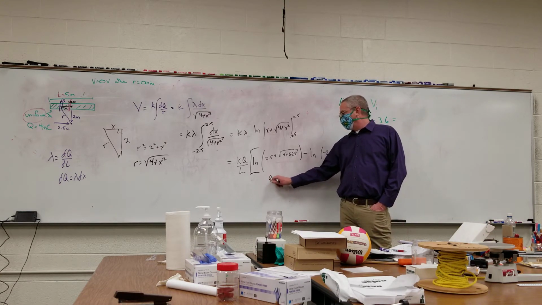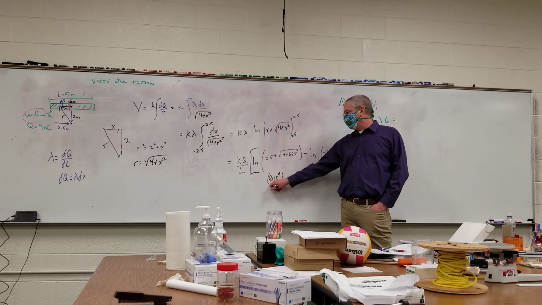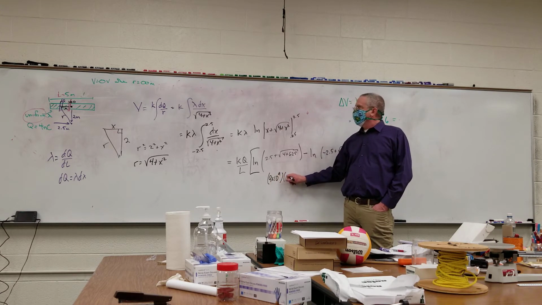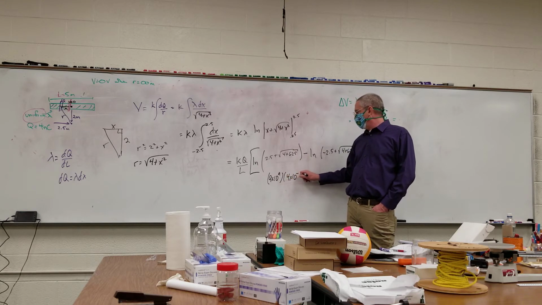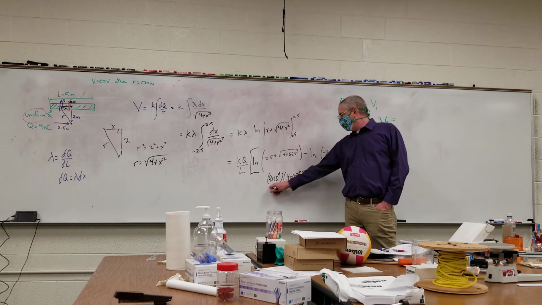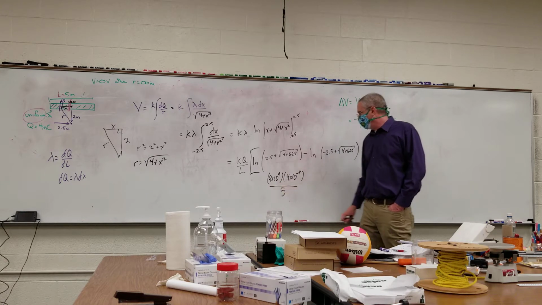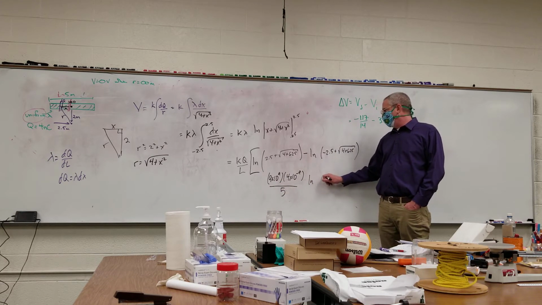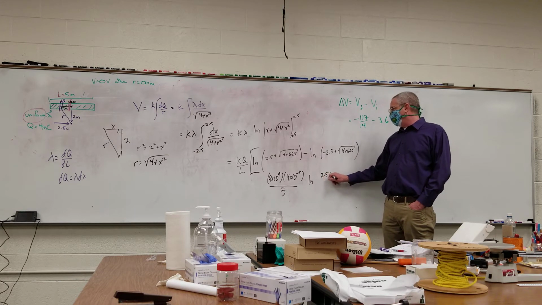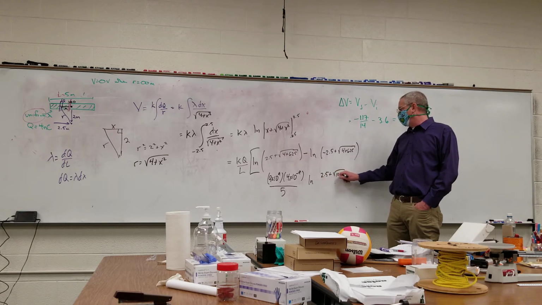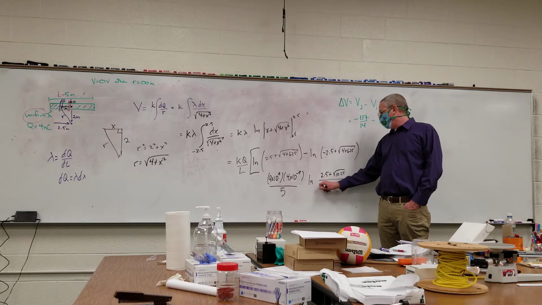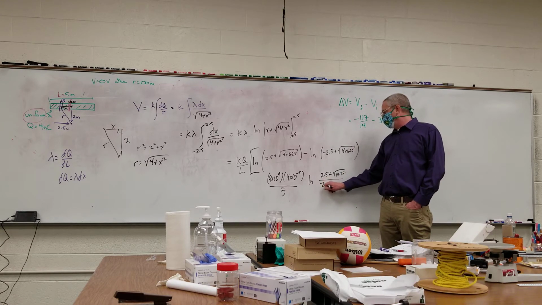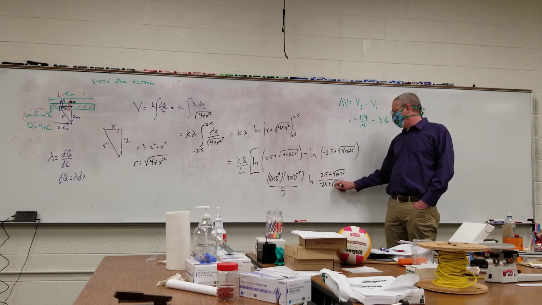So 9 times 10 to the 9th, not negative 9th, as some people have claimed in the past, times q, which is 4 times 10 to the negative 9, over L, which is 5, times the natural log of 2.5 plus the square root of 10.25 divided by negative 2.5 plus the square root of 10.25.